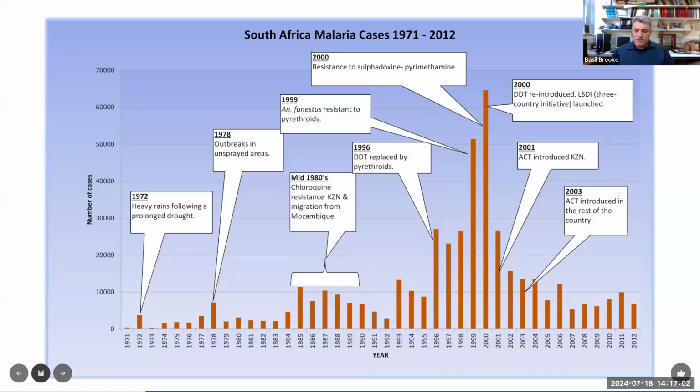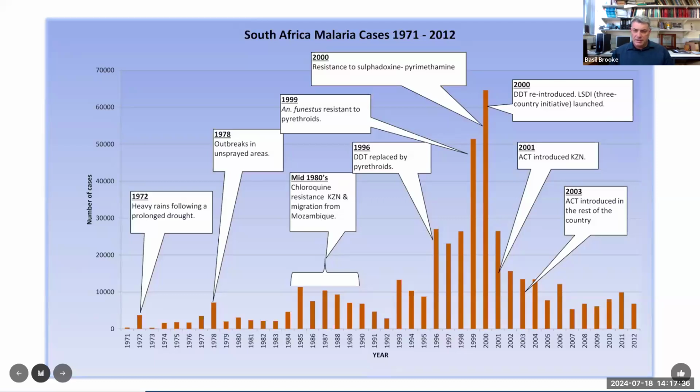So DDT, which was primarily being used for IRS, was doing an important job, as of course were the anti-malarials. But in 1996, a perfectly rational decision was made to discontinue using DDT and replace it with pyrethroids. These were now becoming mainstream insecticides for disease vector control, and so South Africa was simply aligning itself with international trends.